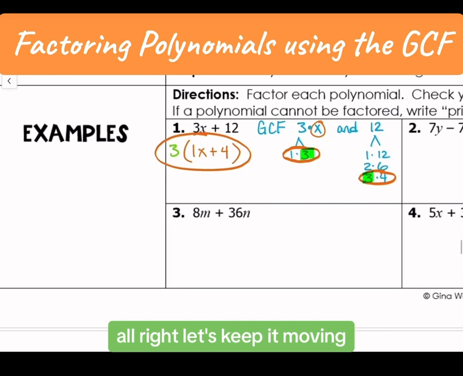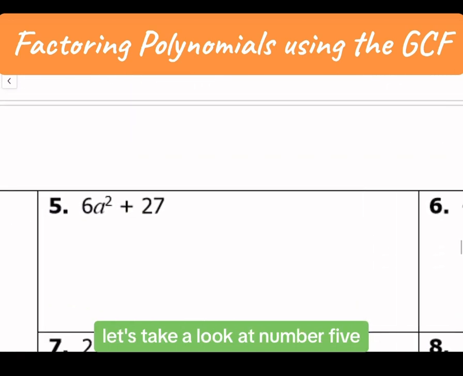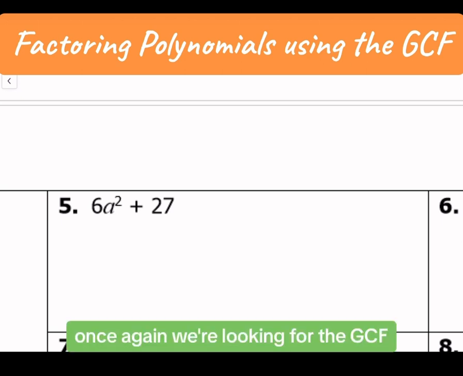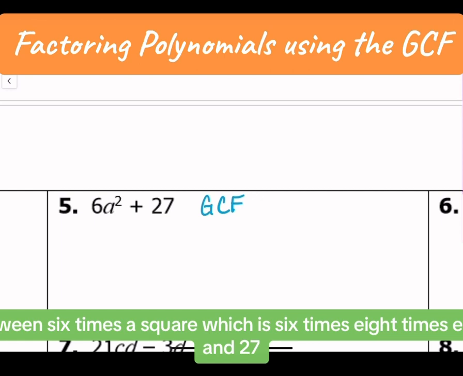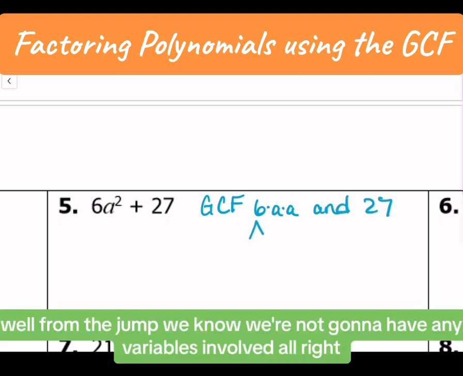All right, let's keep it moving. Let's take a look at number 5. Once again, we're looking for the GCF between 6 times a squared, which is 6 times a times a, and 27. Well, from the jump, we know we're not going to have any variables involved, right?